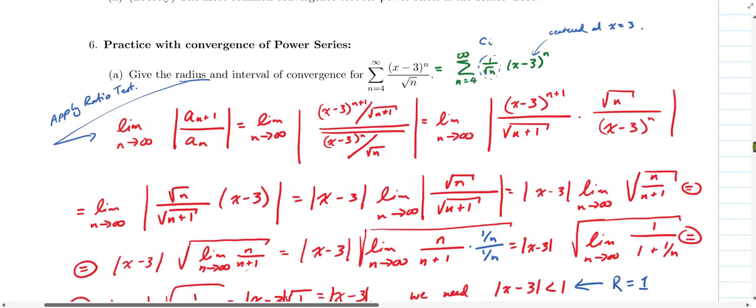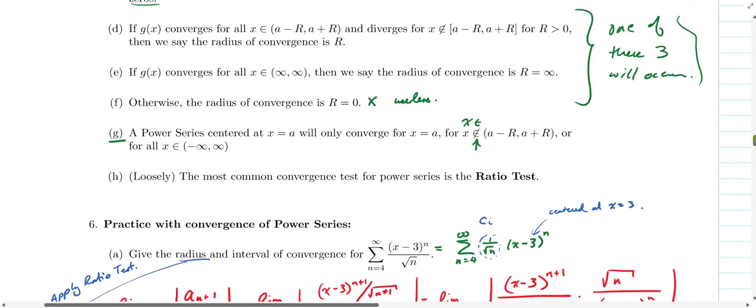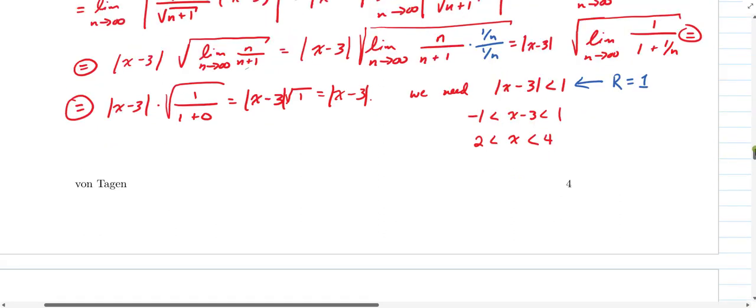So again, if we look at this statement up here, we found that we had a radius of convergence R, and so we know that we at least have convergence on this interval, and we have divergence outside the closure of this interval, but we still don't yet know whether, at a plus R or a minus R, the series will still converge. So usually what you have to do, and hopefully you saw this in Calc 2, is check your endpoints separately. Let's go ahead and let x equal 2.